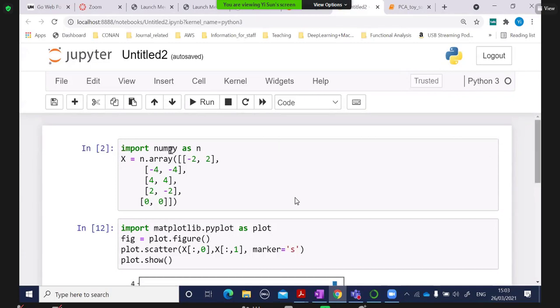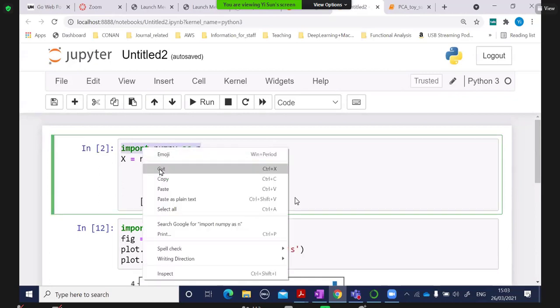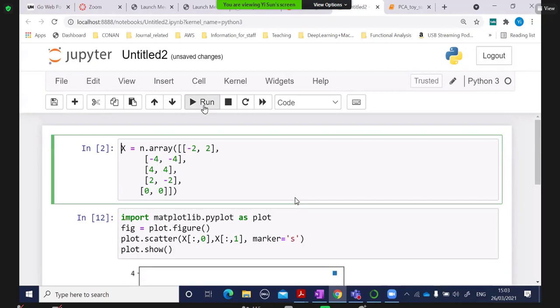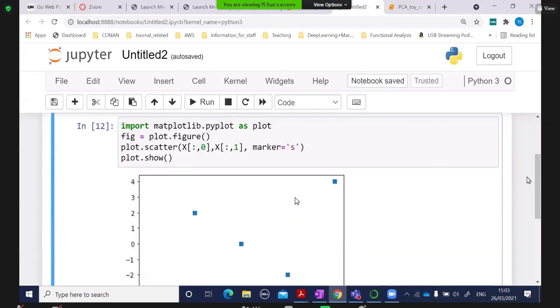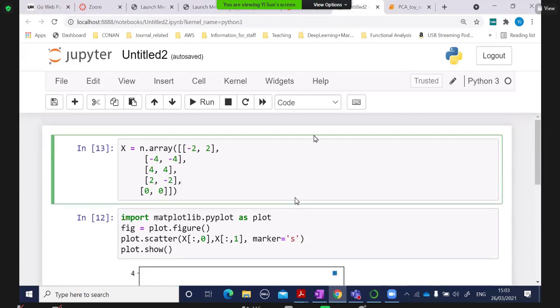First, about import. Let's have a quick look without this line. If I run my code, let me start a new one.